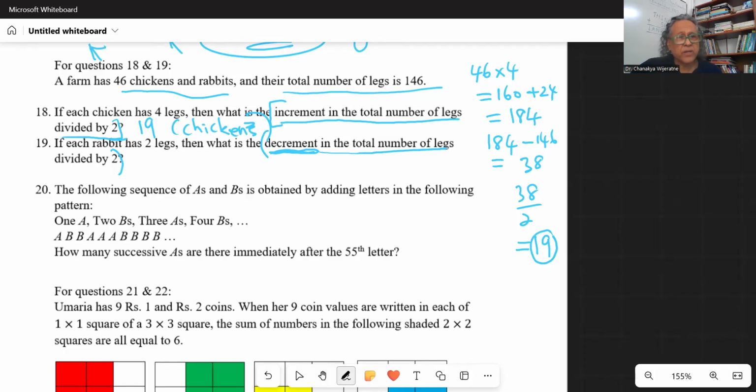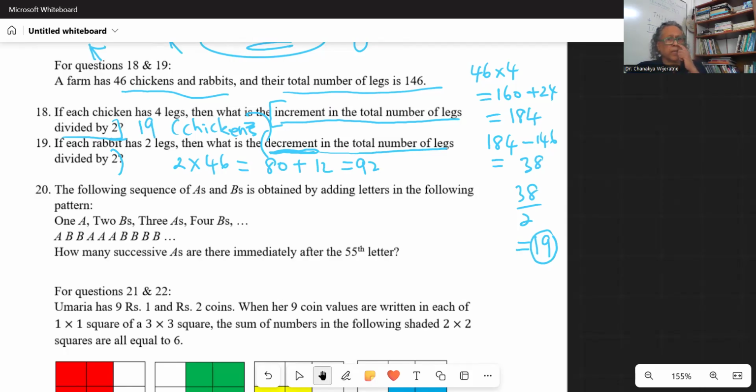So if each rabbit stands on 2 legs, then their total number of legs is 2 times 46. 2 times 40 is 80, plus 6 times 2 is 12. So this is 92.